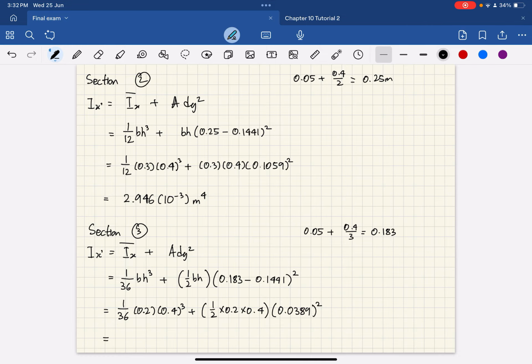So 1 over 36, 0.2 times 0.4 cube plus 1 over 2 times 0.2 times 0.4 times 0.0389 squared, 4.161 times 10 to the power of negative 4 meters to the power of 4. Okay, this is for section 3.